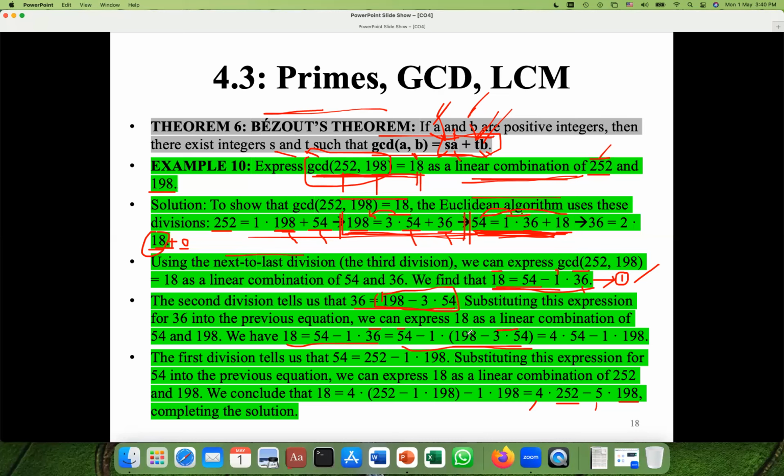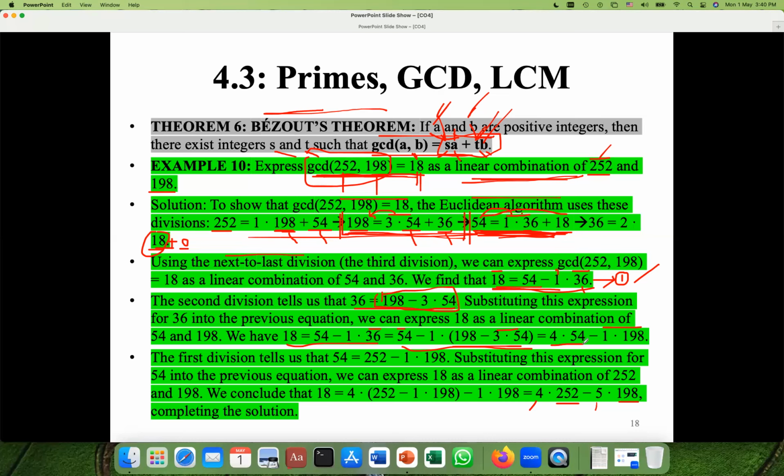When you multiply, it would become minus 1.198. And this is minus times minus, so plus 3.54. This is 3 times 54 and 1 time this one, so it would become 4.54.